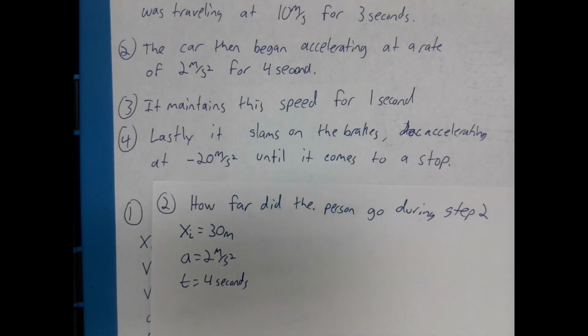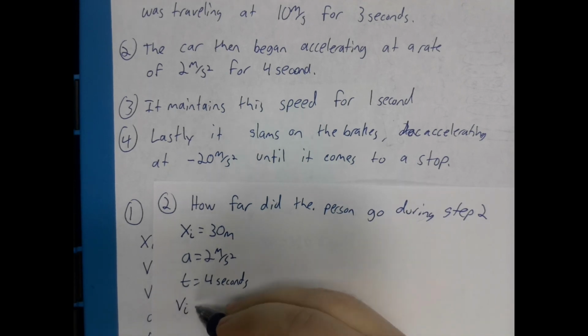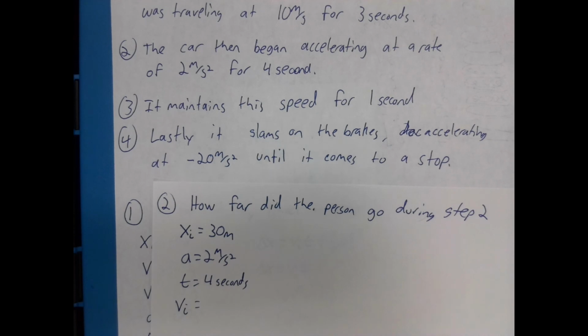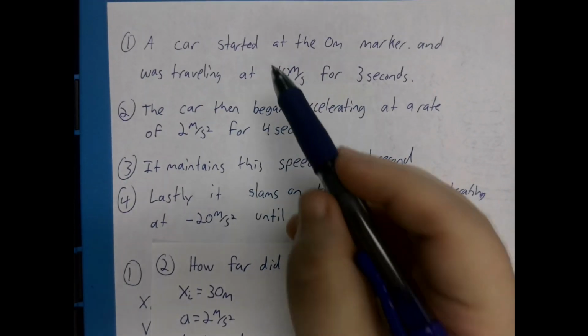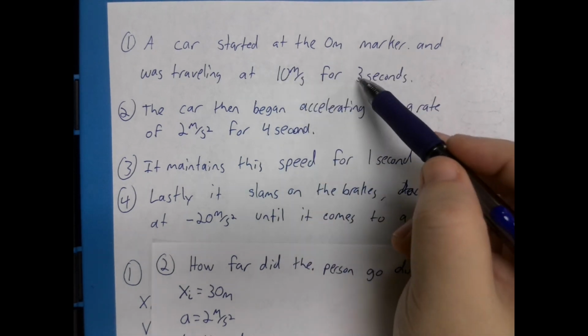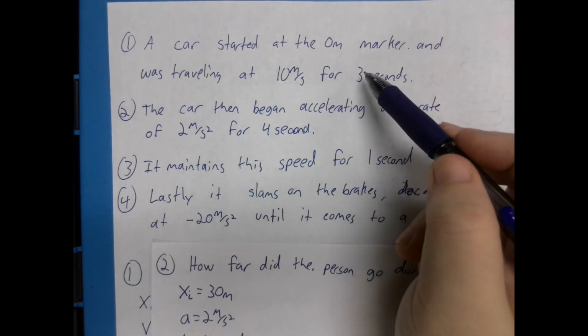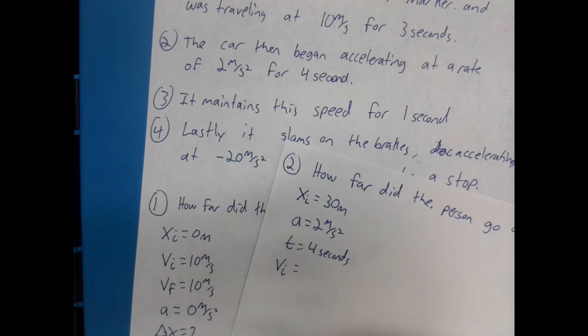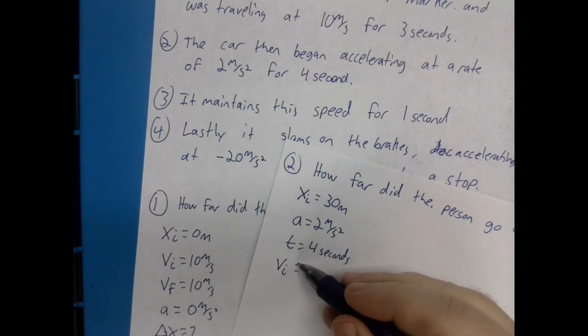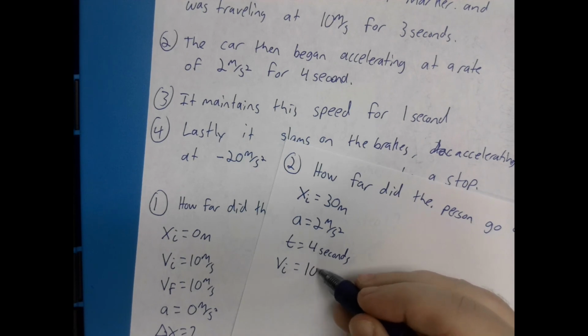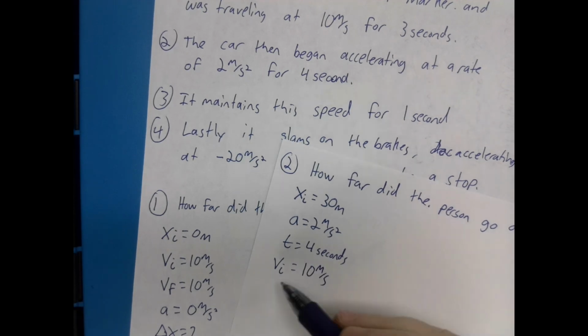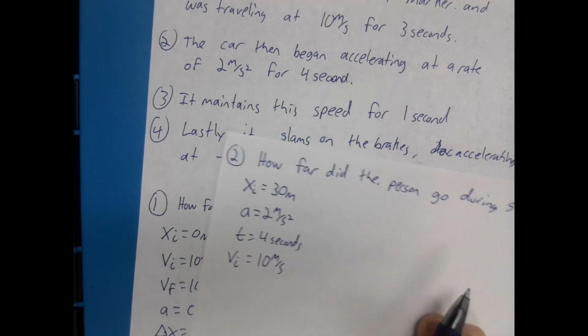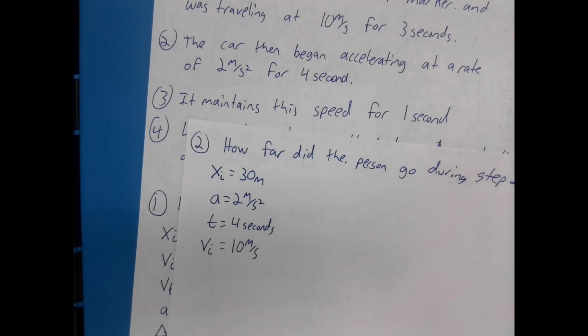Vi, Vf. What speed are they going at the beginning of step 2? They started at 10 meters per second, and did it change any? At the very end of step 1, it's still going 10 meters per second. So at the start of part 2, it's still going 10 meters per second. So the initial speed is 10.